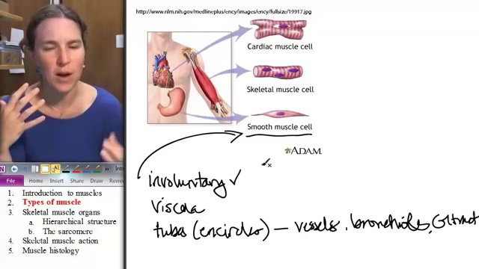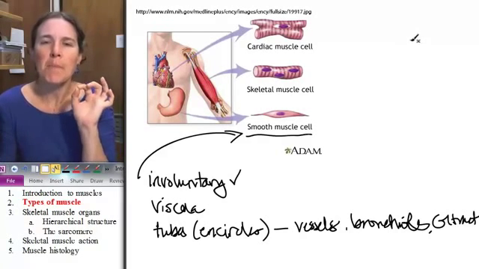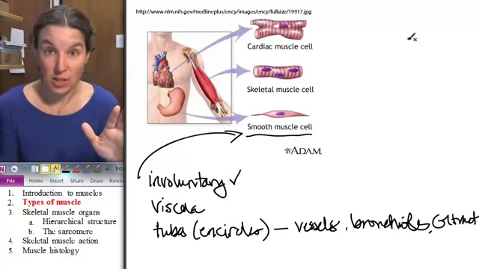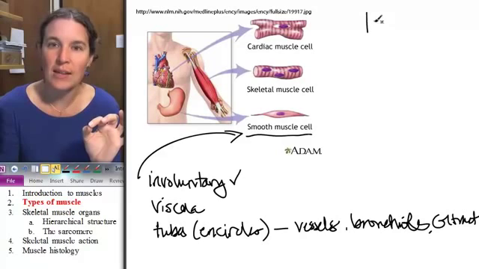Now, I'm not sure if this is clear yet, but all muscle tissue is organized in such a way that it functions by shortening.